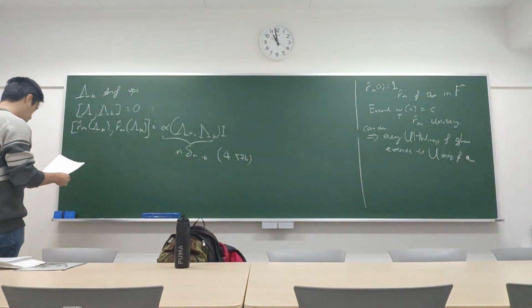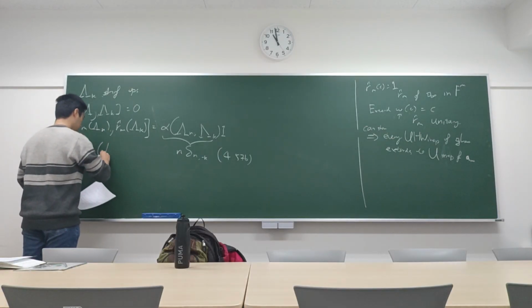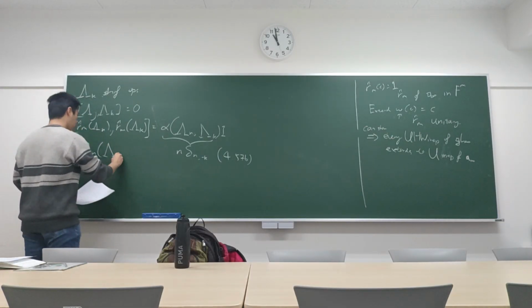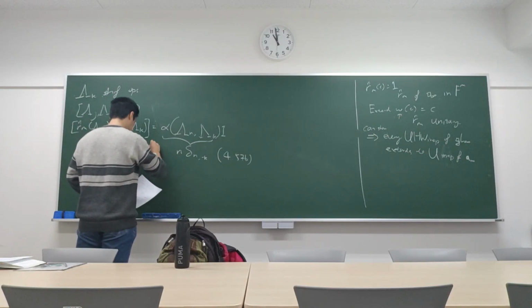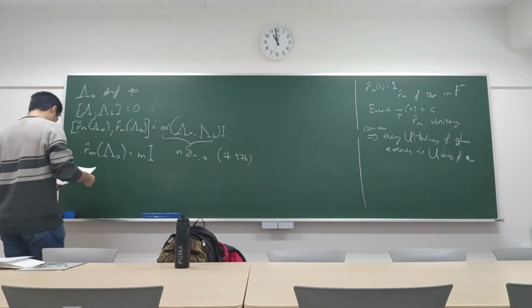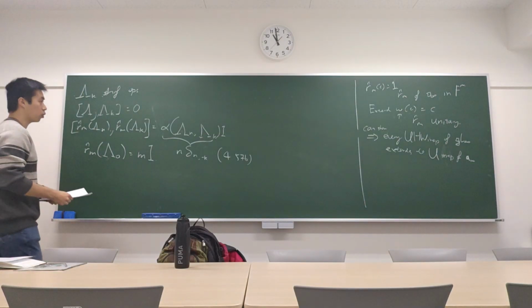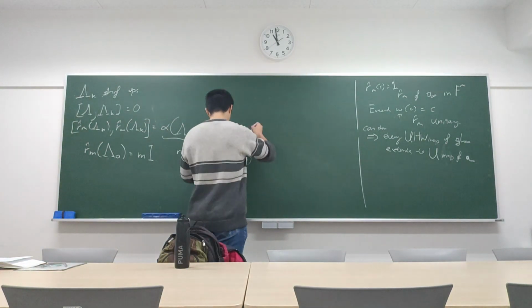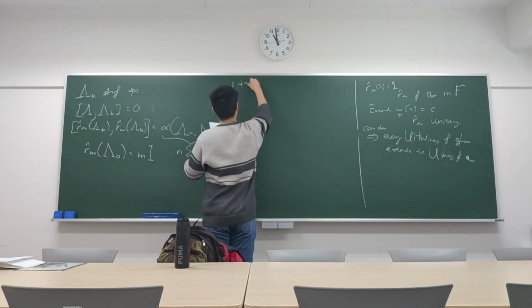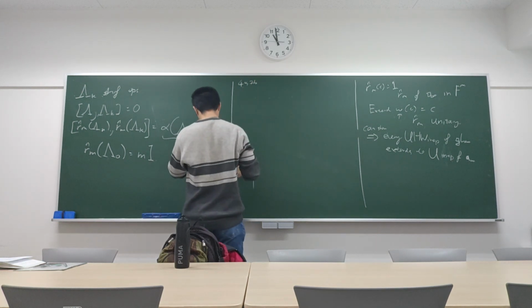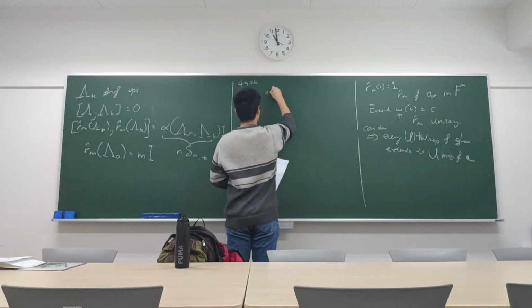So then the representation on 0 is equal to n. And so this 4.7b is actually the commutation relations of the oscillator algebra.